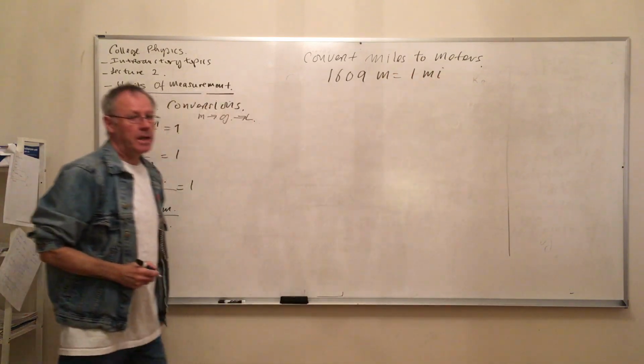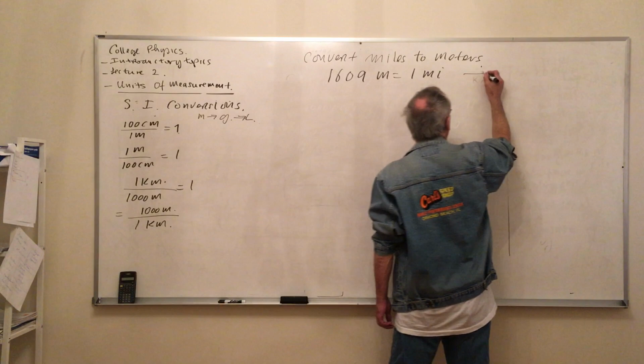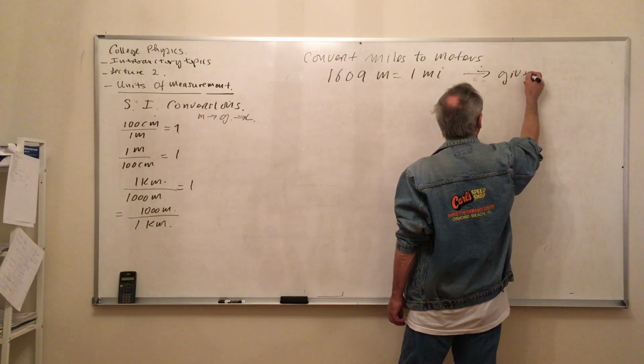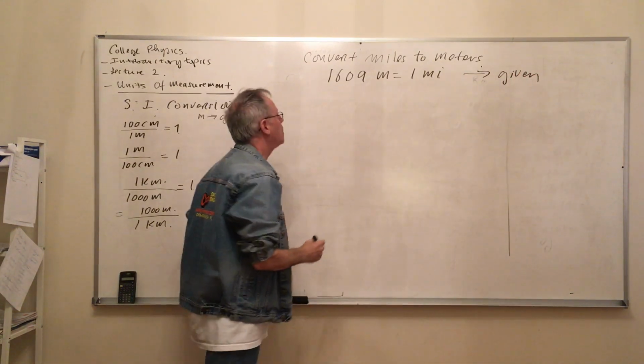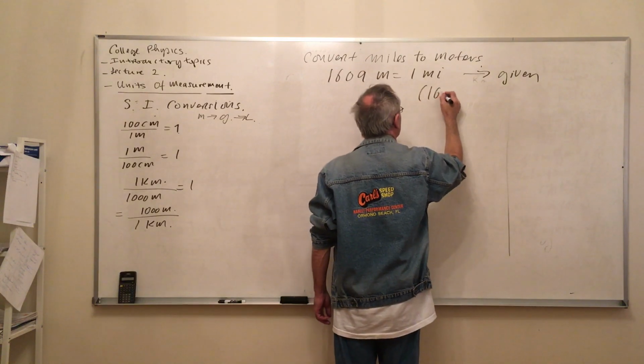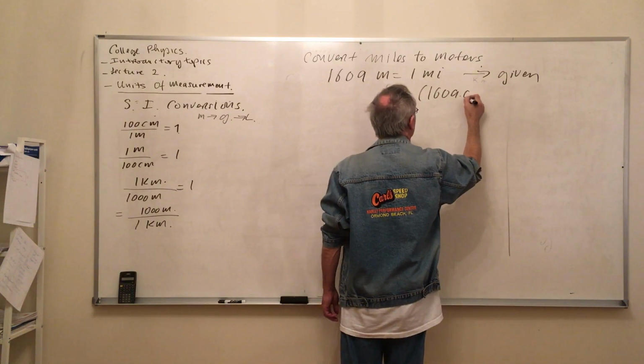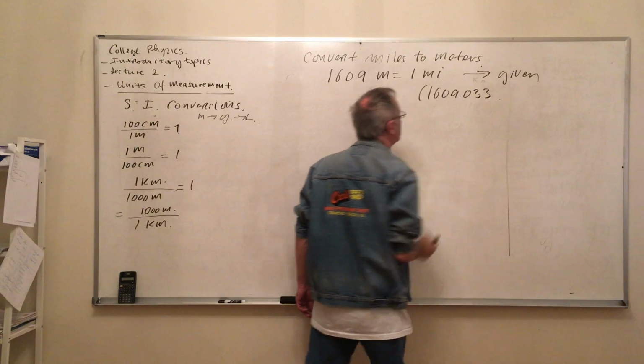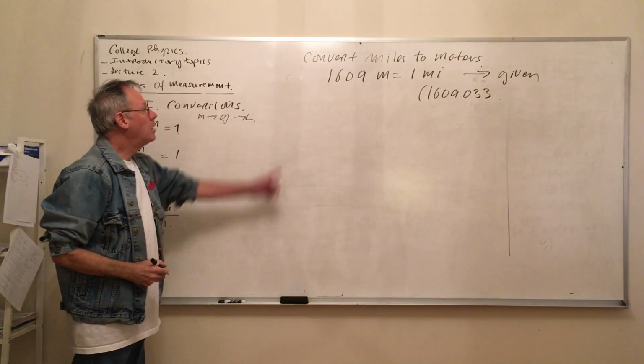But we need a conversion factor. You need to have that as a given. It's actually 0.03, or something like that, I'm not sure. So we go.